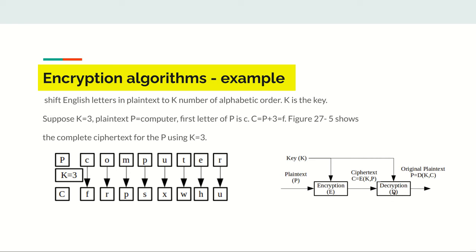We reduce the English letter by 3, so F becomes C. These are very simple encryption and decryption algorithms.